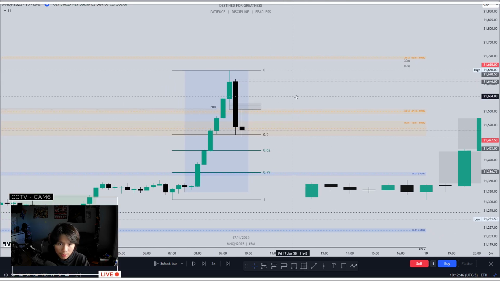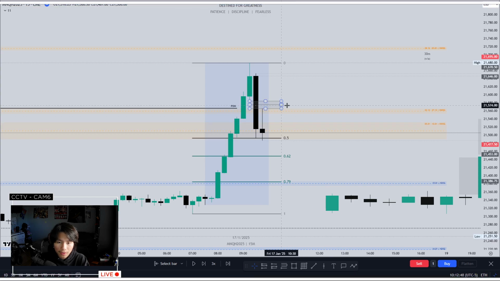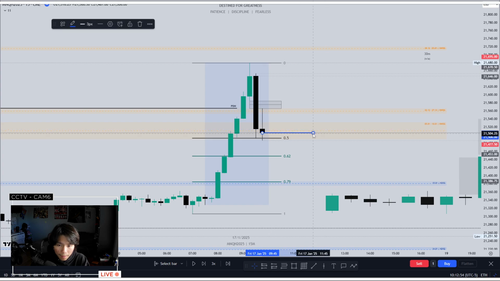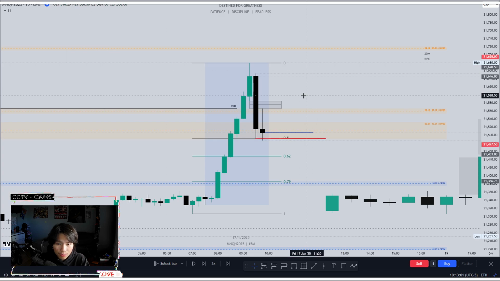So what do we do? The way that we created this 15-minute fair value gap: this closing price here, the third candle's closing price, is above the second candle's low, and based on my theory, what is this fair value gap going to do?